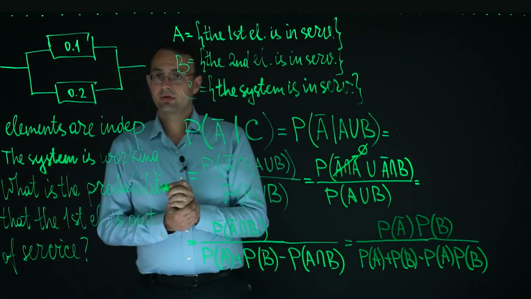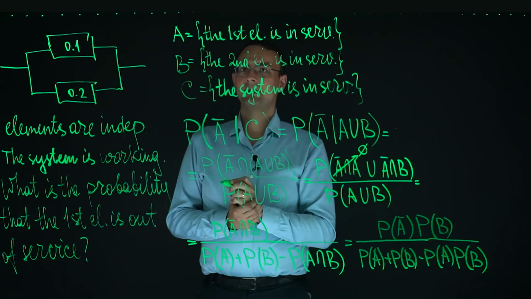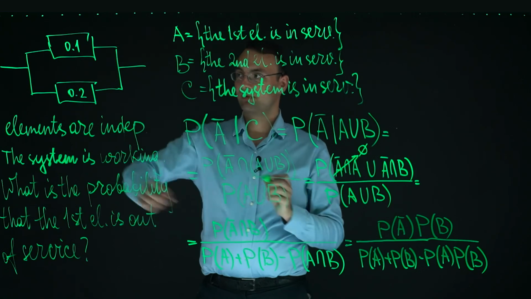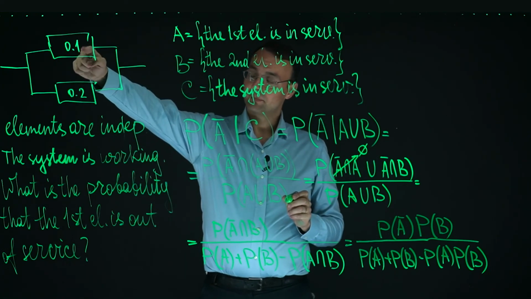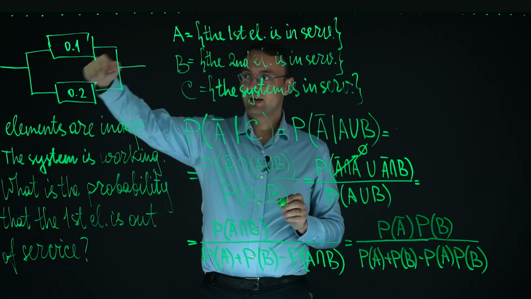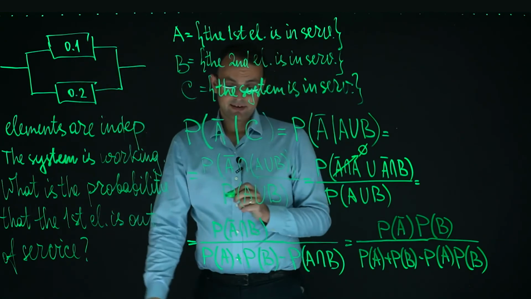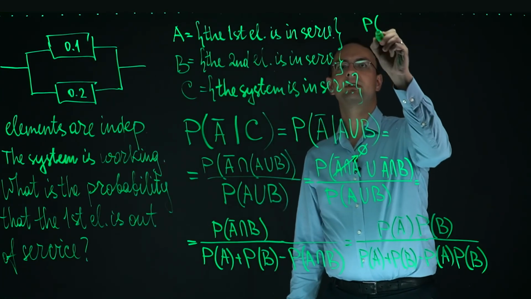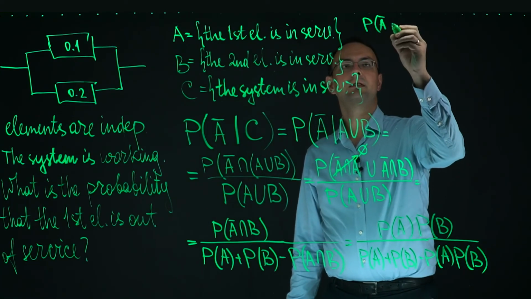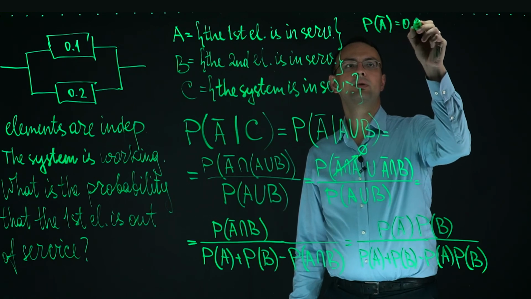And so they told us that probability that the first element is out of service is 0.1. This is probability of not A. 0.1 is probability of not A, and 0.2 is probability of not B. So probability of not A is 0.1.